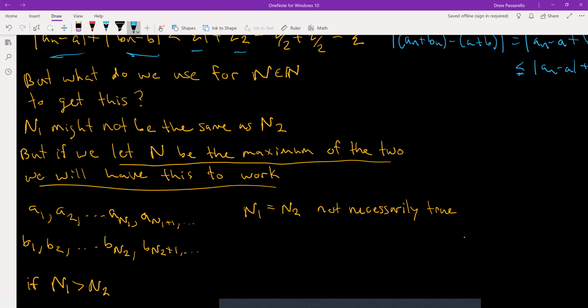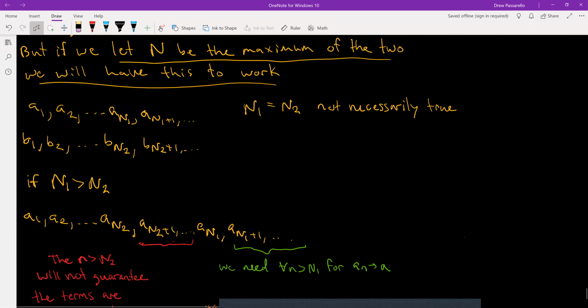So in order to guarantee the convergence of both sequences, we're going to let N be the maximum of N1 and N2, and that's going to work. Just to visualize here, N1 equals N2 is not necessarily true. So we have our two sequences, a_1, a_2, and so on, and then a_N1, and then a_(N1+1), and so forth. And the same thing for the b's, except we have b_N2, and then b_(N2+1), and so forth.